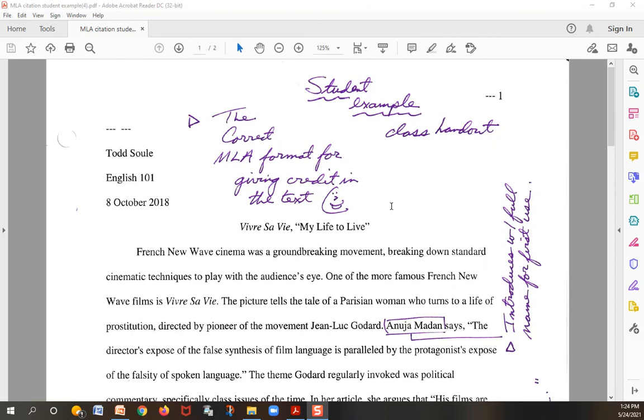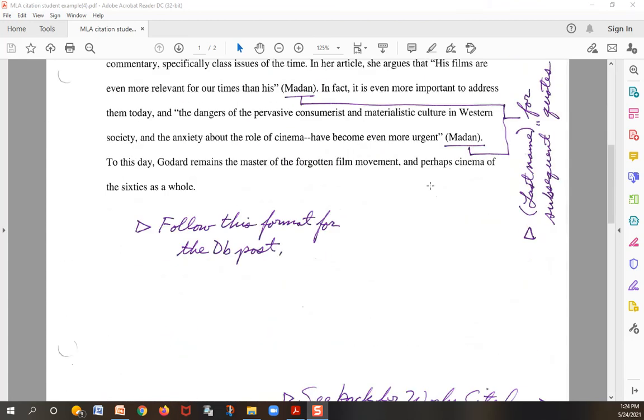His name was Jonathan, and he was really into film, and he was looking at this film, Vivre Sa Vie, My Life to Live. And so he did a short summary of an article he read. By the way, purple is my favorite color. This is called cursive for those of you who have never learned this before. Some of my students say, I can't read what you're writing. It's so sad we don't have cursive in the curriculum anymore. But he did a short summary. Here's the whole summary here.